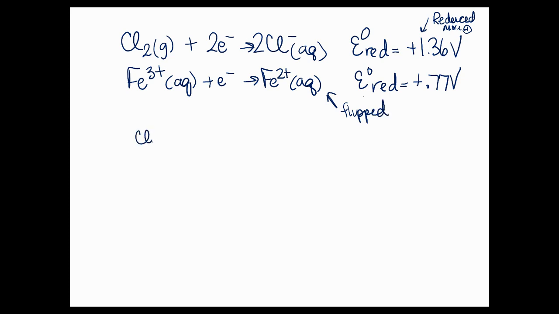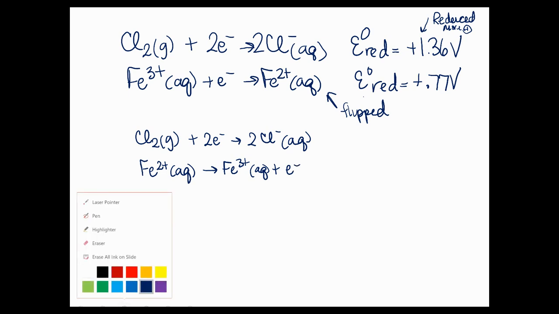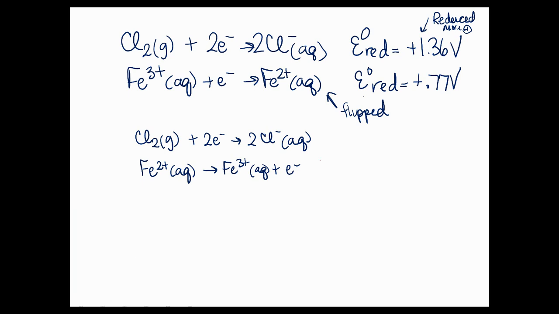Okay, so I'm going to keep the chlorine. When that gets flipped, it goes to negative 0.77 volts.